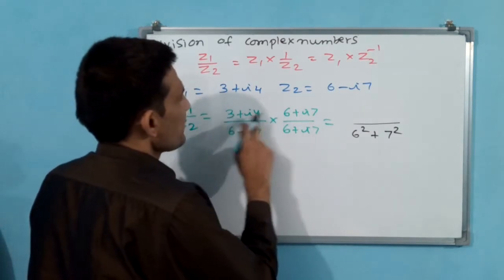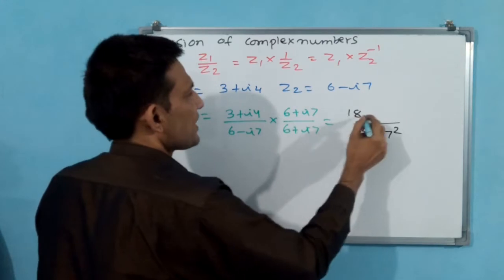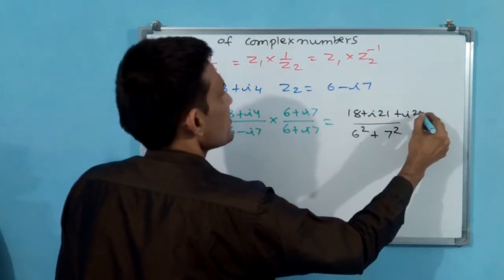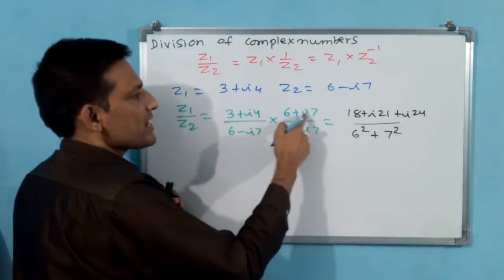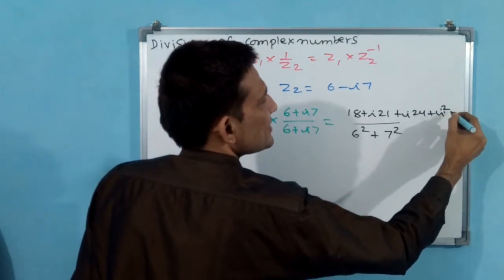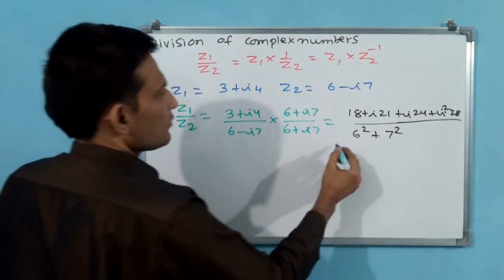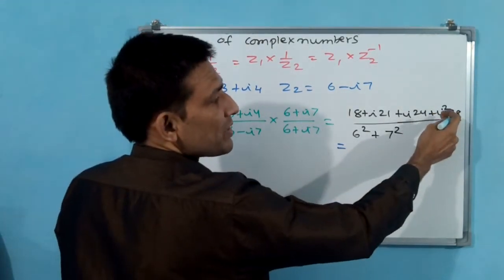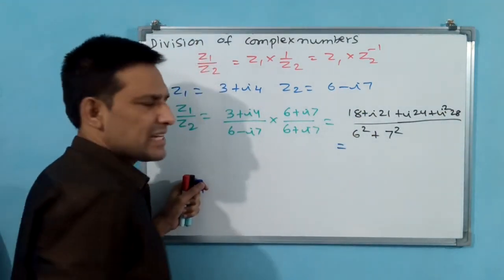Now you see here, 3 into 6 is 18, plus I 21, plus I 24, plus I square 28. See what result is going to come here. I square 28 means minus 28. Minus 28 plus 18 is minus 10.